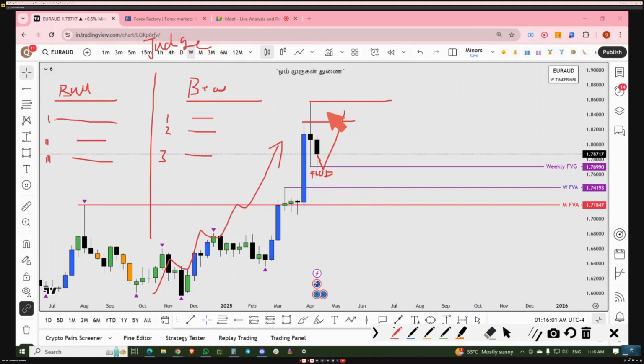If I start the argument like this, my arguments will be: price is bullish, structure is bullish. It formed higher highs, clearly higher highs. It broke in a solid body candle. It created the FVG. The FVG is the first line of defense, and the candle is also not a breakaway FVG.